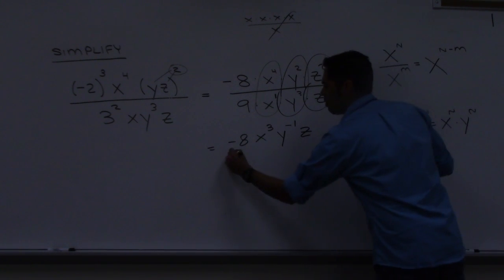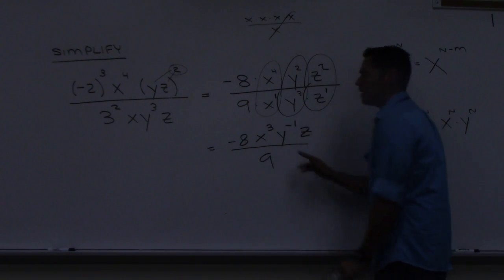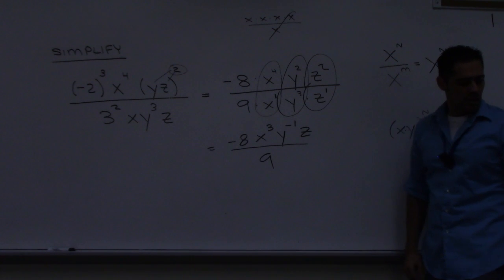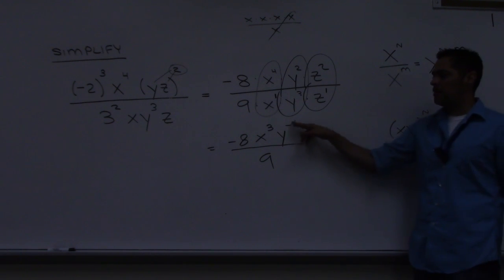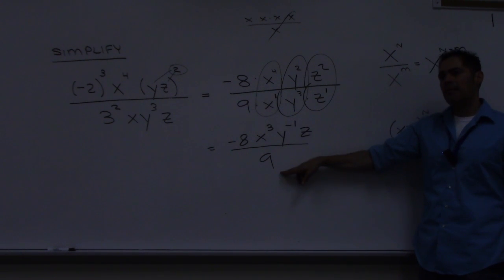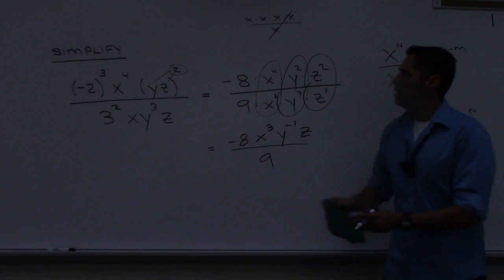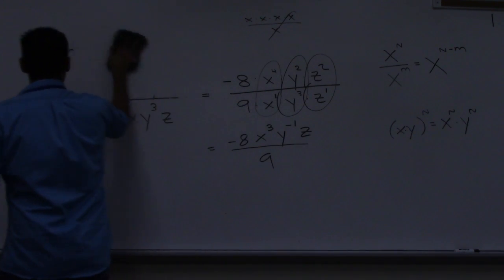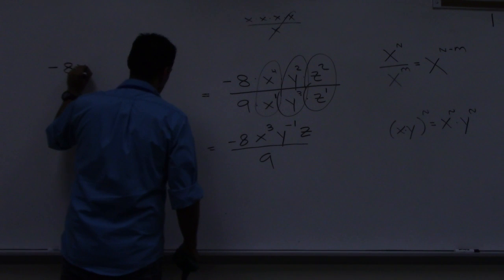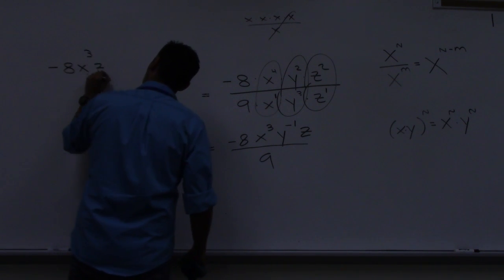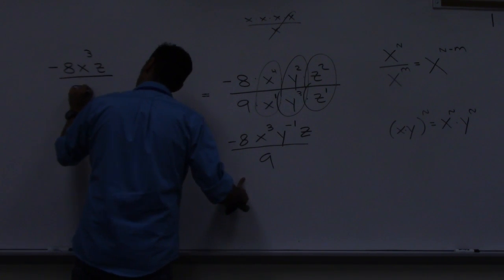And all of this is over the 9 that was still down there. Don't forget there was a 9 down here. And I think we're pretty close to being there, except I said that the book doesn't like you to leave negative exponents. So we drop that y down to the bottom, and that should be it. So -8x cubed, z is still on top, 9y.